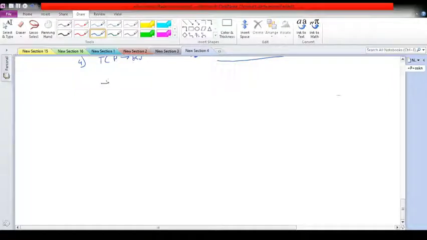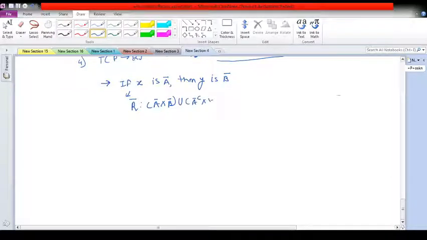So for that, suppose I am saying if some variable x is a bar, then the next element from universal set y is b bar. And how to find out the relation from it? Let me represent the relation as r bar, where the bar denotes the fuzzy representation. This can be defined as a bar coupled with b bar, and if not, then what next? A bar complement coupled with y.